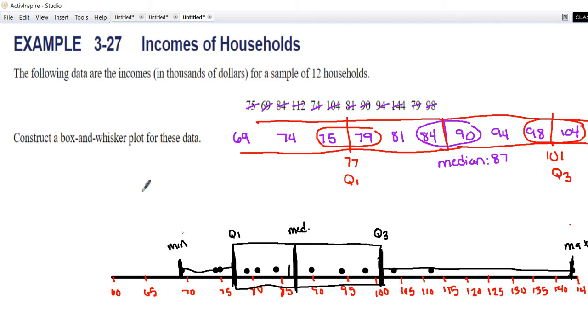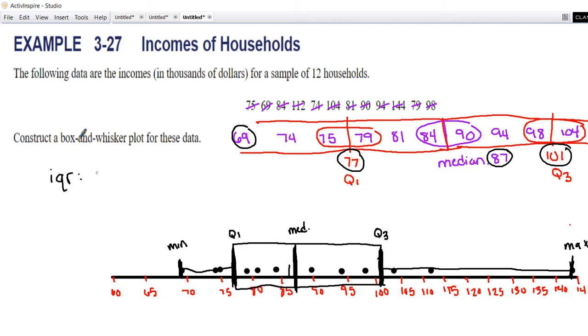Now these 5 numbers, minimum, quartile 1, median, quartile 3, and maximum, that's what we call the 5-number summary. So for this data, you would give 69, 77, 87, 101, and 144.